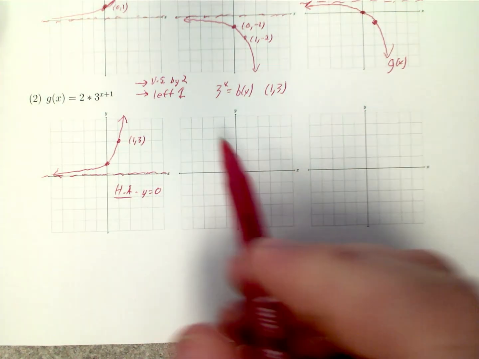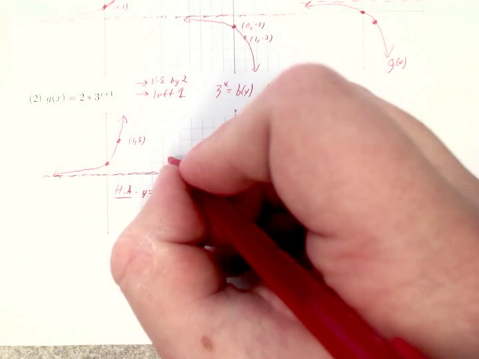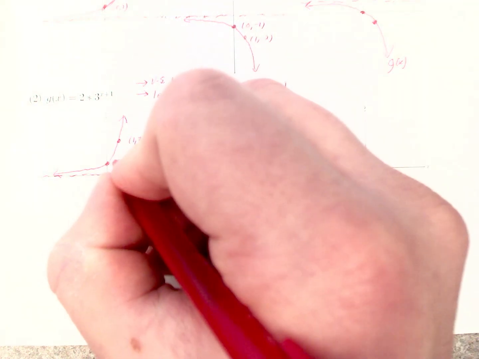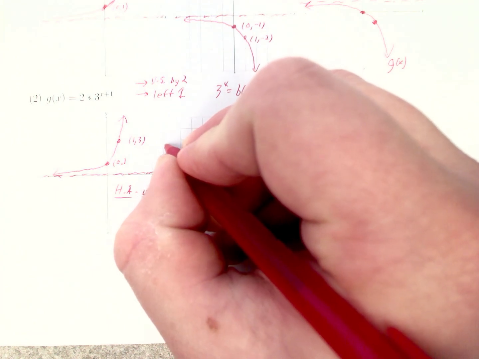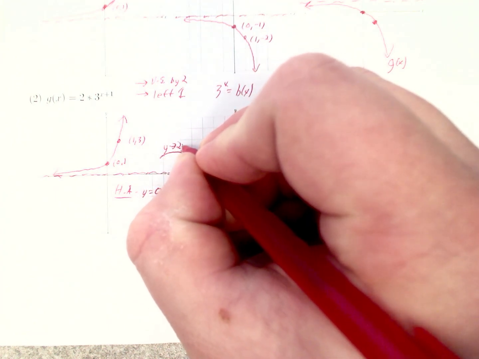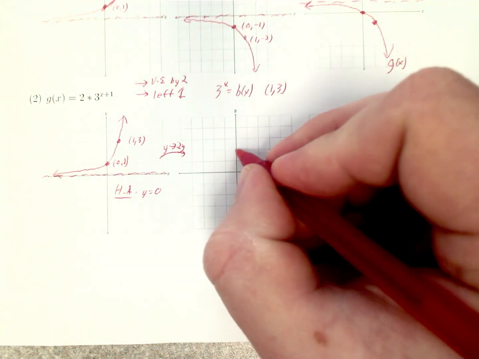And then we're going to vertically stretch by 2. So we take our y values and multiply them by 2. So y's go to 2y. Instead of 0, 1, it's going to be 0, 2.